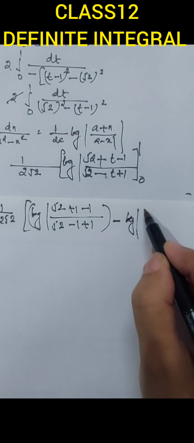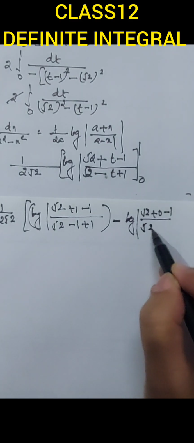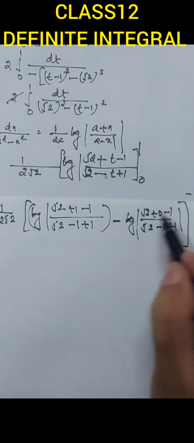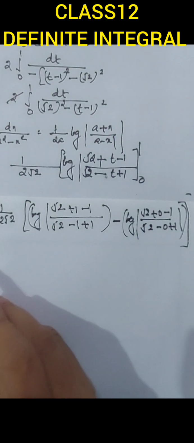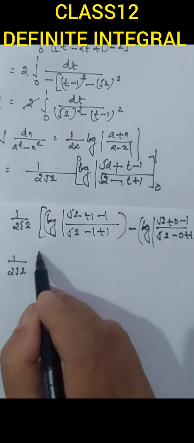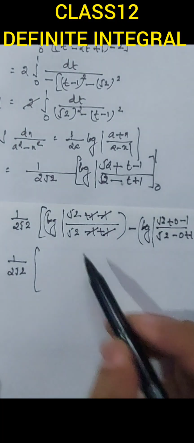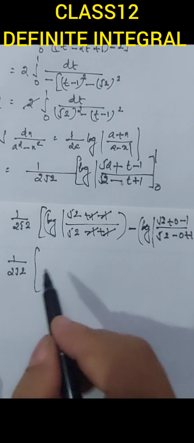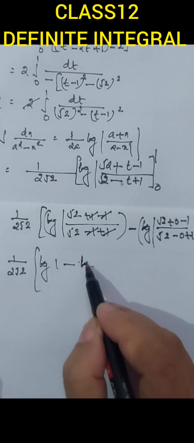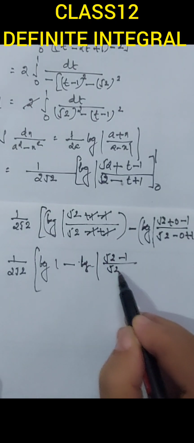So log of mod root 2 plus 0 minus 1 divided by root 2 minus 0 plus 1. So this is the lower limit. 1 by 2 root 2 into, 1 minus 1 got cancelled, minus 1 plus 1 got cancelled, root 2 by root 2 it is 1. So this is log 1 minus log mod root 2 minus 1 divided by root 2 plus 1.